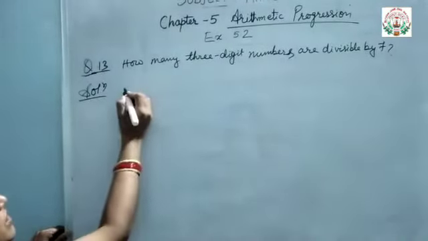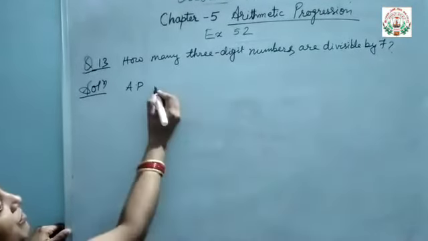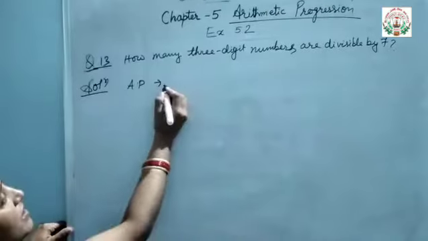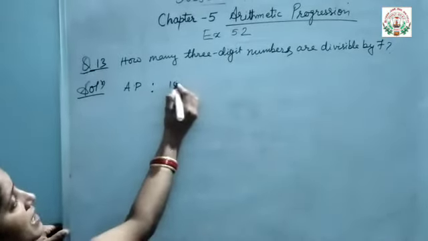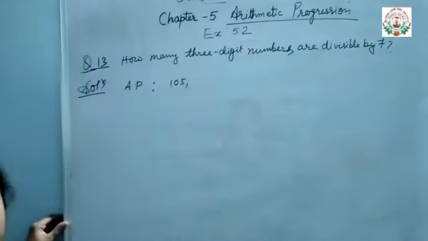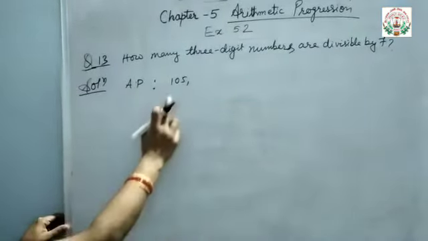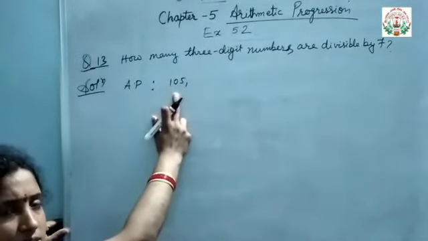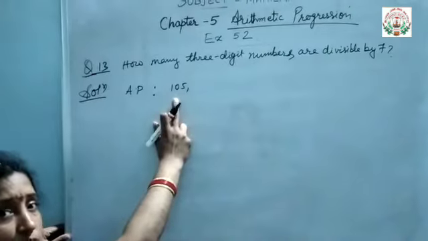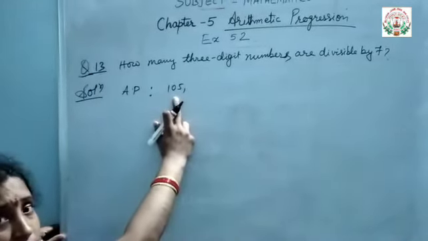So the AP series which is divisible by 7, the starting number will be 105. When you divide 105 by 7 you will see that it is divisible. That means the first 3-digit number divisible by 7 is 105.